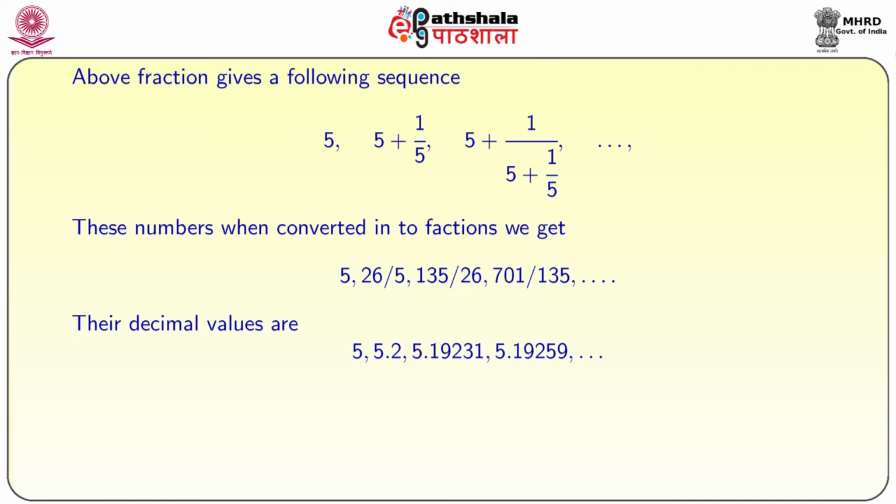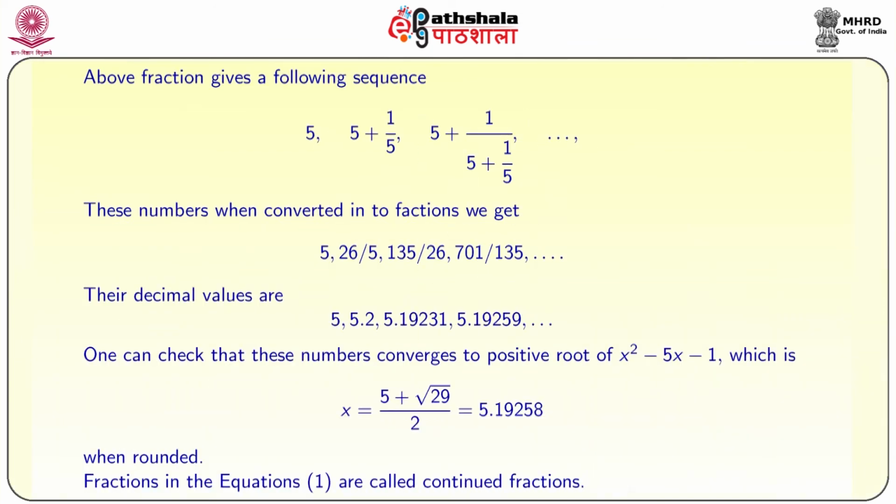That is, their decimal values are 5, 5.2, 5.19231, and so on. One can check that these numbers converge to the positive root of x squared minus 5x minus 1, which is x equal to (5 plus root 29) by 2, which is equal to 5.19258 when rounded. Fractions of this kind are called continued fractions.